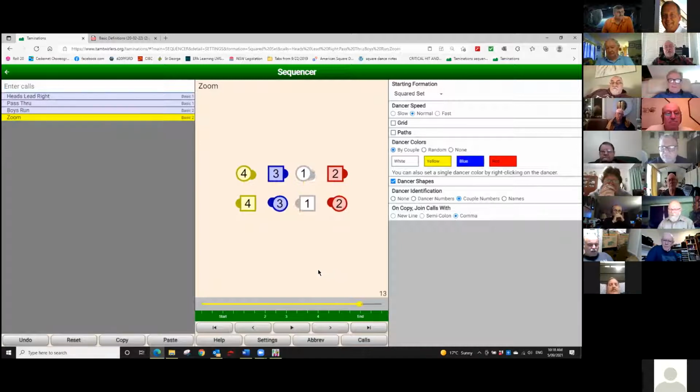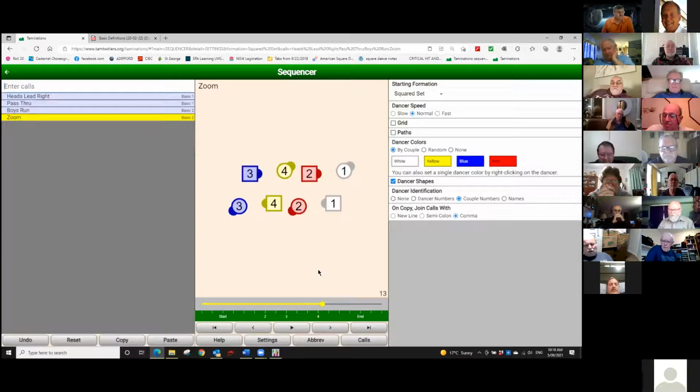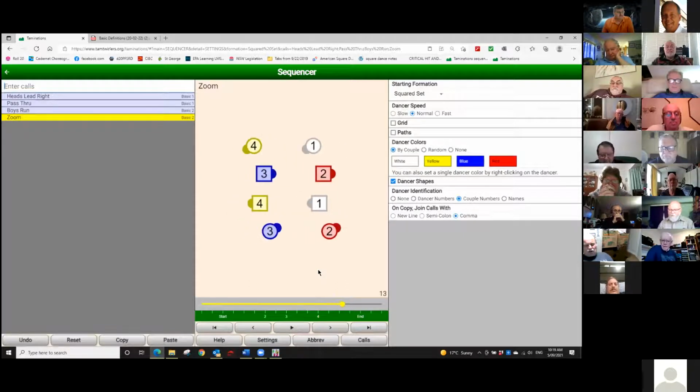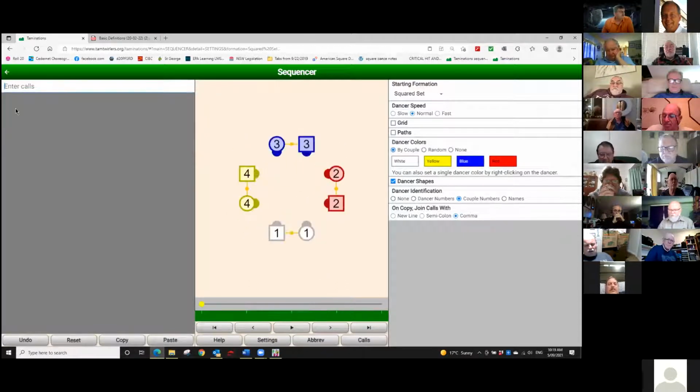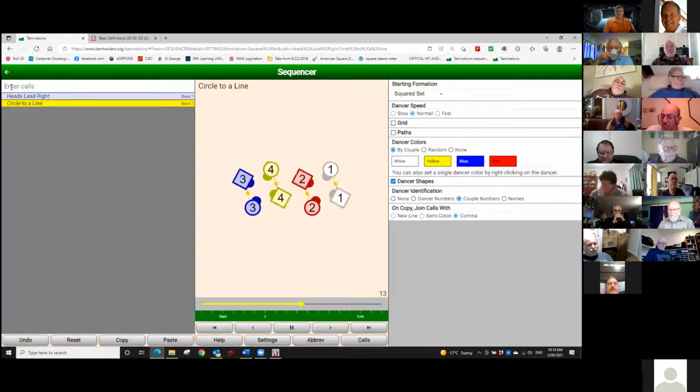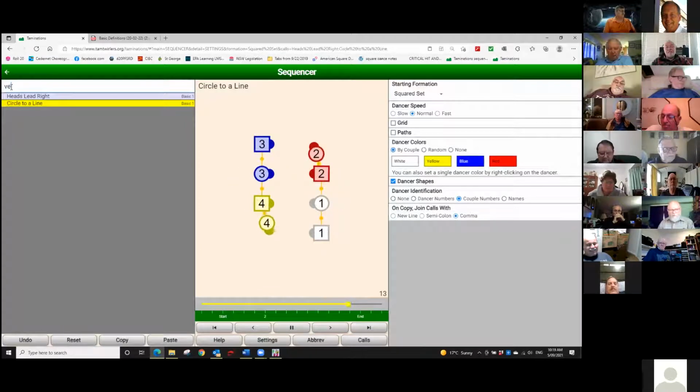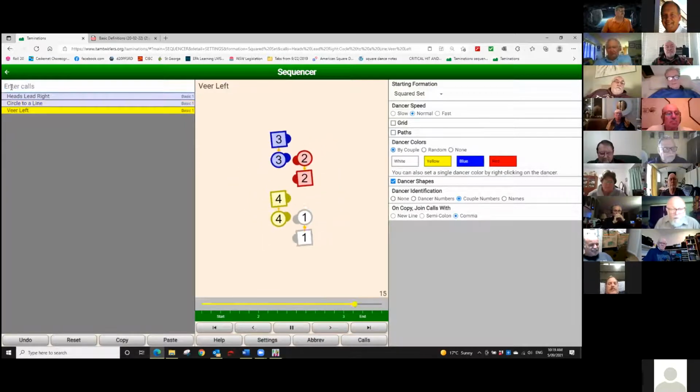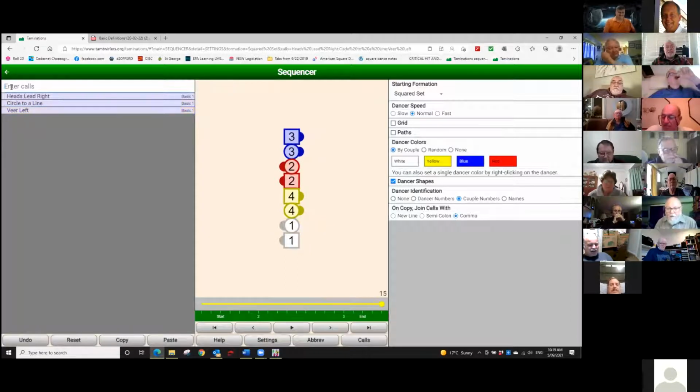Another example where it would be is from a grand two-face line where you half tag. Please ignore this part of the choreography. Okay, so this is our setup for a grand two-face line.